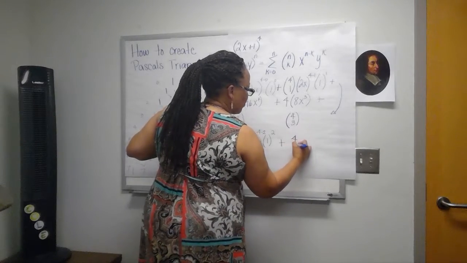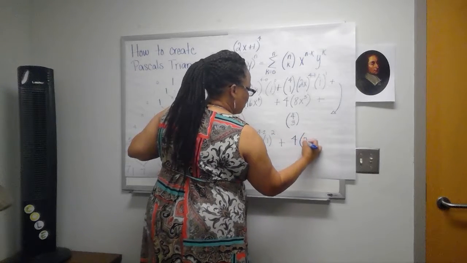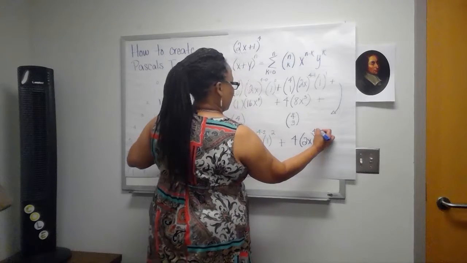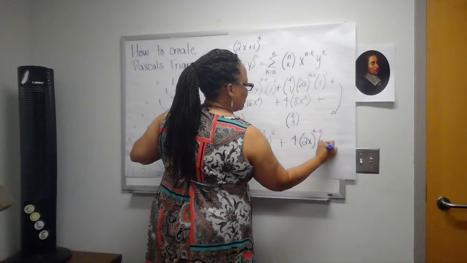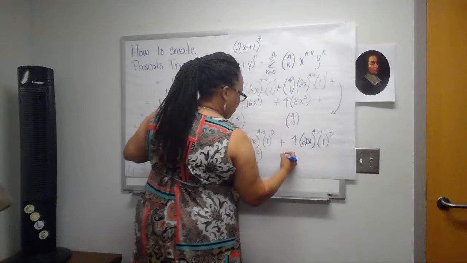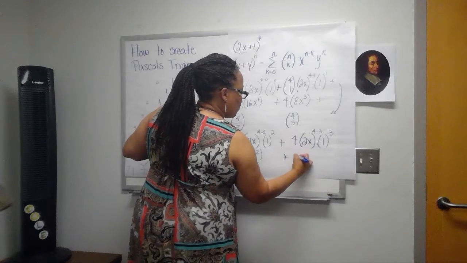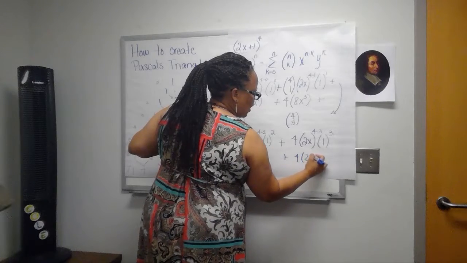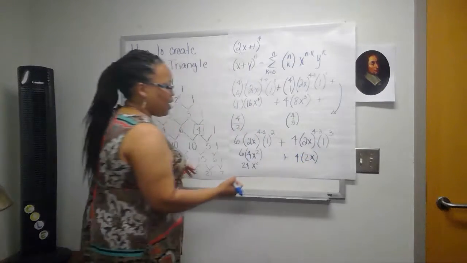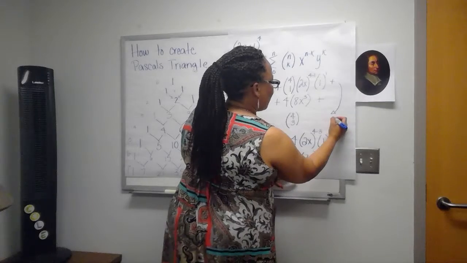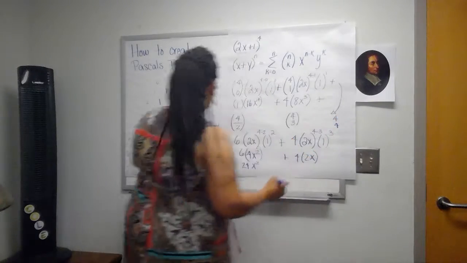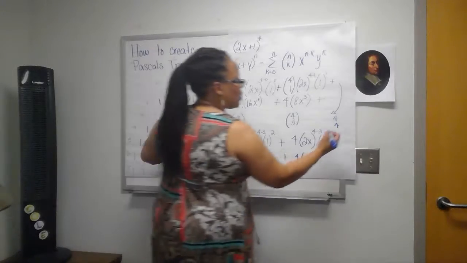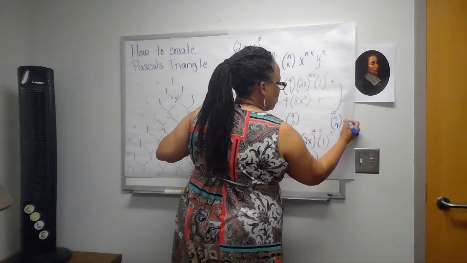Remember, we did this in our original problem. 4 times 2x to the 4 minus 3, 1 to the 3, and we get plus 4 times 2 to the 1, which is just 2x times 1. And then last but not least, we have 4 choose 4, which is again 0, 1, 2, 3, 4, which brings us back to 1.